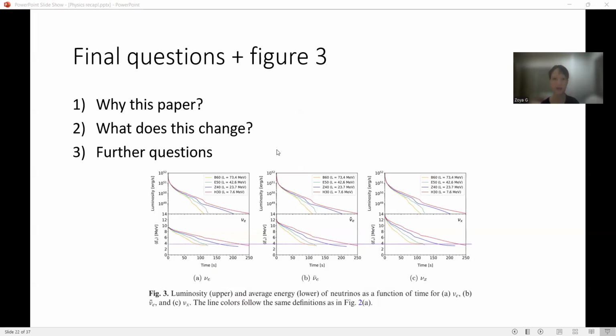I also find it pretty interesting that in the top half of the figure 3 graph, the electron antineutrinos have a significantly larger initial energy. These are the electron antineutrinos, and these are the electron neutrinos.